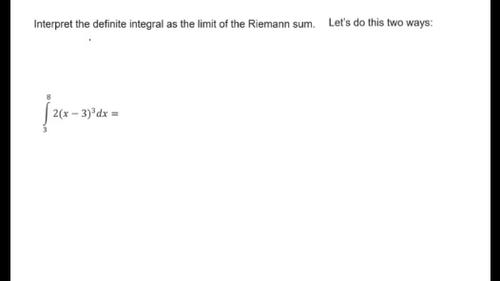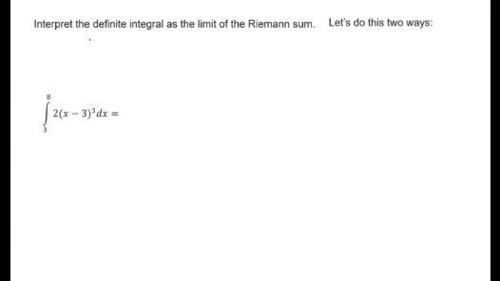All right? So let's look at this problem that kind of deals with what we're doing in topic 6.3. Interpret the definite integral as the limit of the Riemann sum. So what we're going to do is we're going to turn it back into our kind of sigma notation.